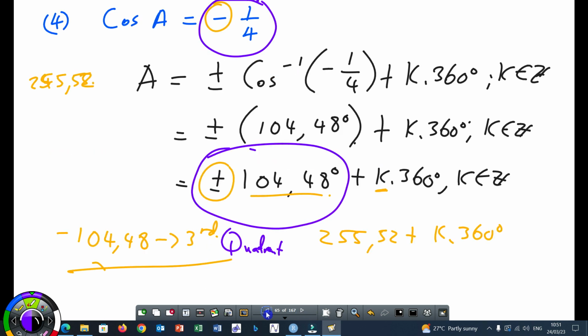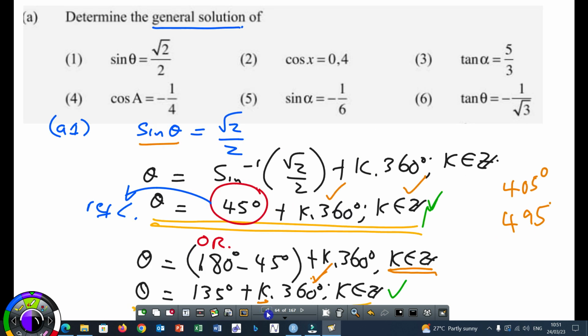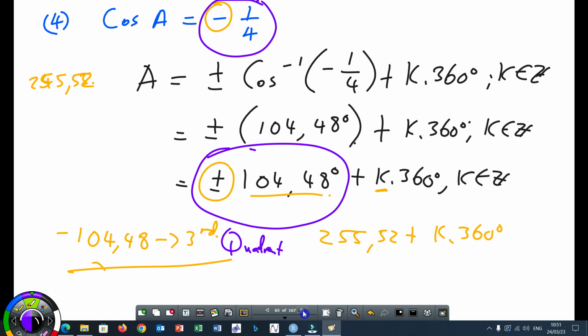Okay, let's do another one with tan now. So we have got tan equal to minus 1 over root 3. So that's number 6. So tan theta equal to minus 1 over root 3. Now tan is very simple. Tan is very simple.